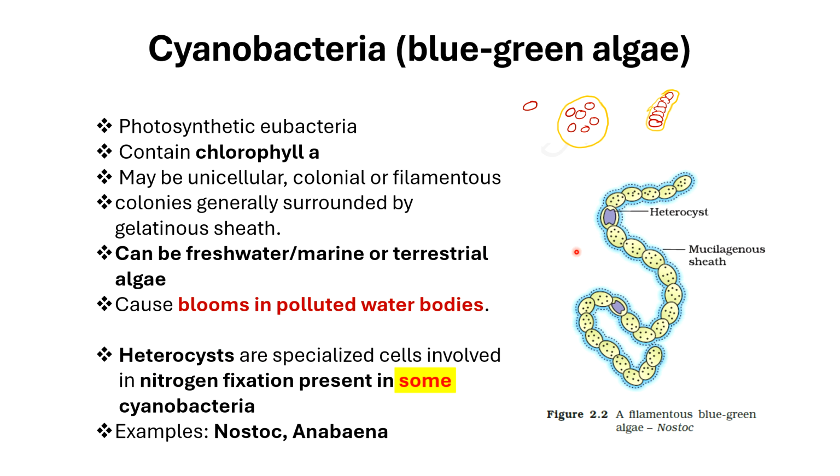And these heterocysts, you see in the diagram, heterocyst is present in the nostoc and it can help in fixation of nitrogen. So these special cells, the heterocysts, help in fixing the nitrogen. Example is nostoc and anabaena. You must pay attention that not all the cyanobacteria possess the heterocyst.